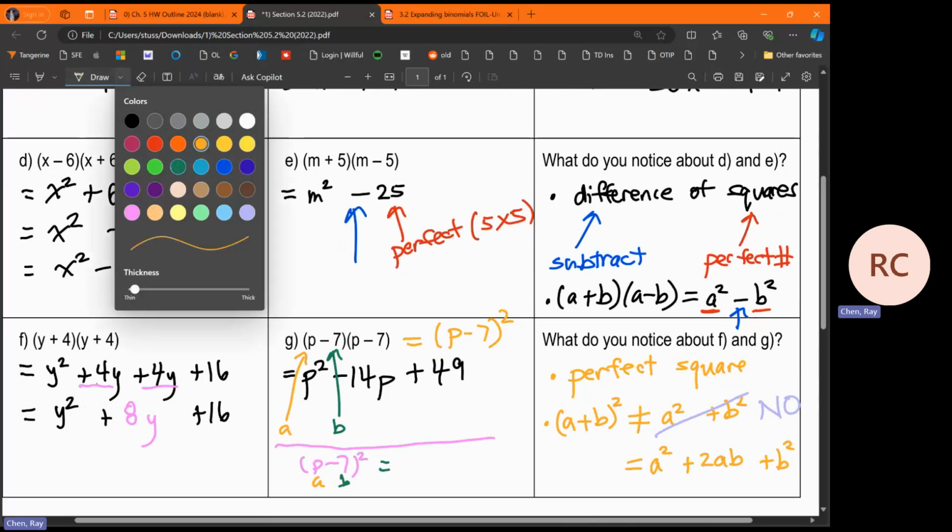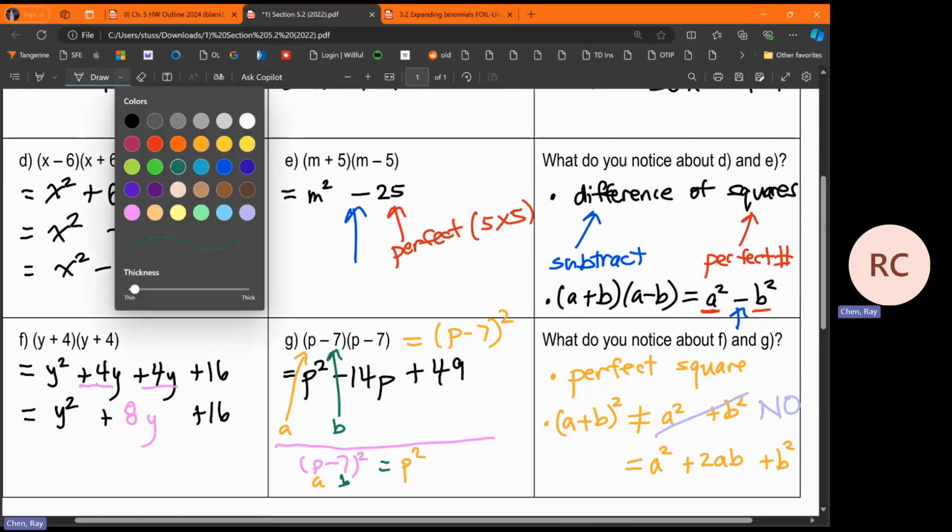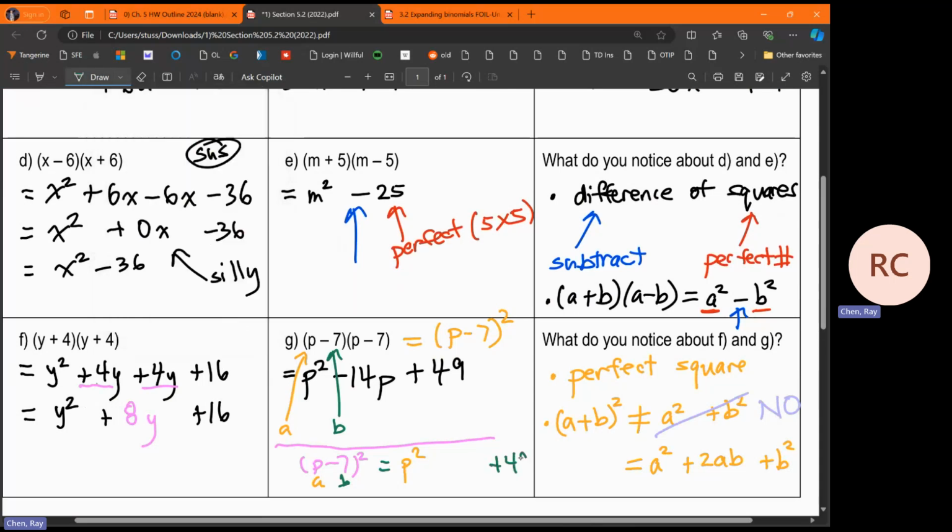Squaring that a term, that p value, is p squared. Square that negative 7. A lot of you noticed on today's or yesterday's test that negative 7 all squared is positive 49. So that is the first term and the last term.